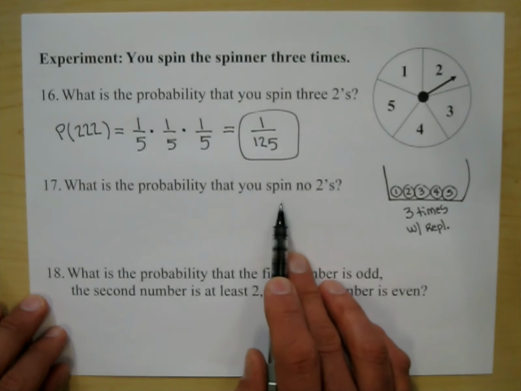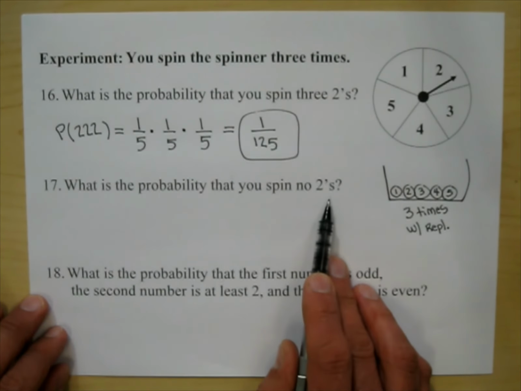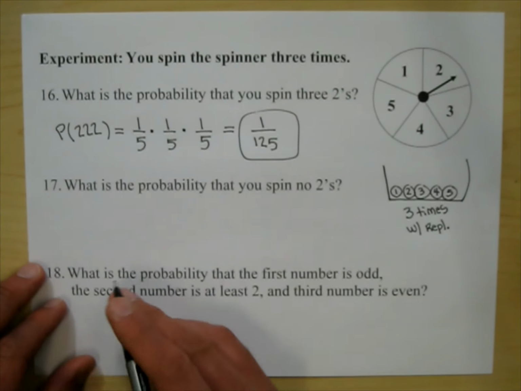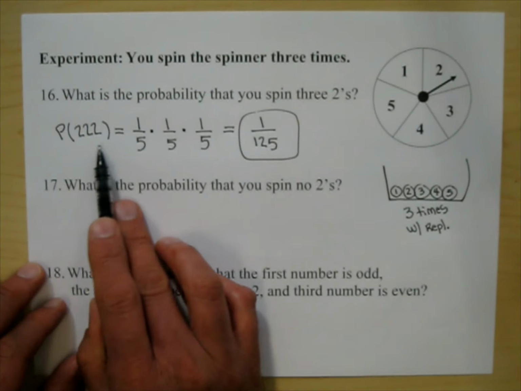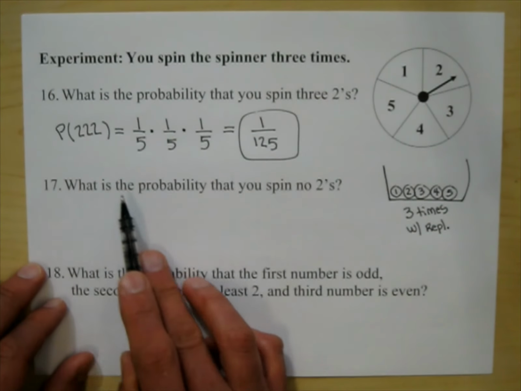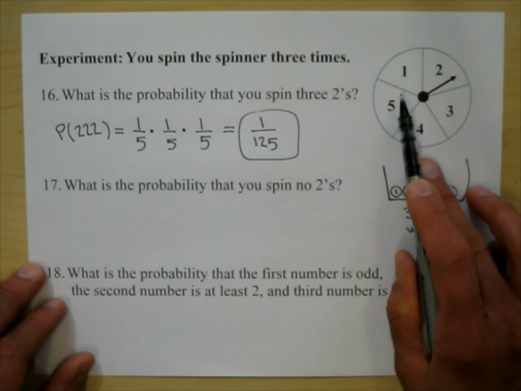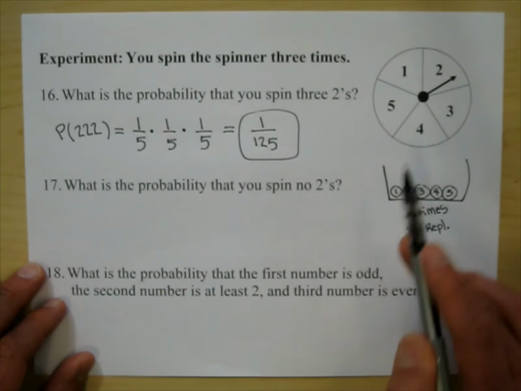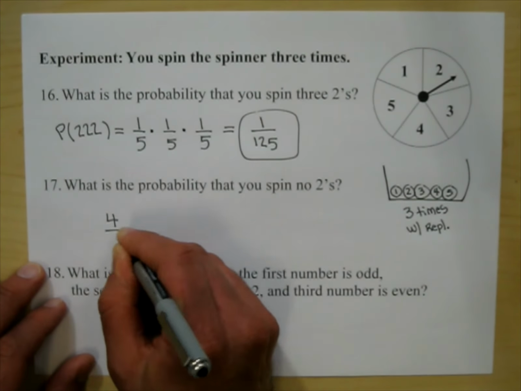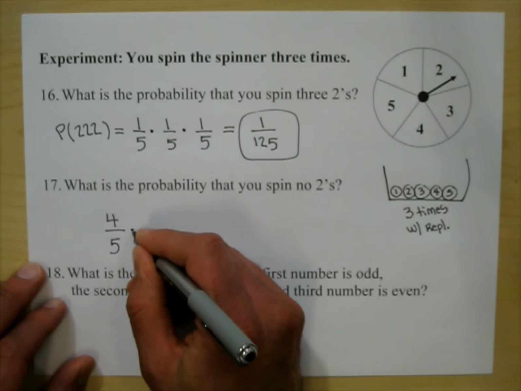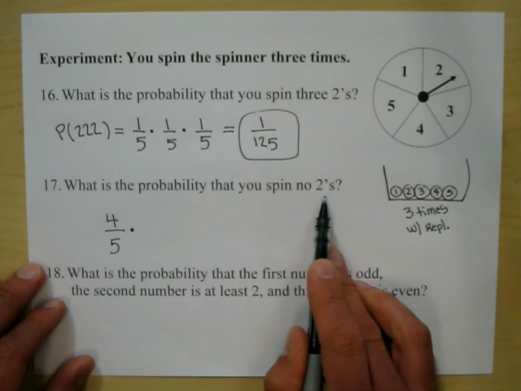What is the probability that you spin no 2s? Okay, so I'll stop writing that on some of these problems. Well, what's the probability you spin this and you get something that is not a 2? Well, there are four non-2s in there, so it's going to be 4/5. It's with replacement, and it's all the same thing. No 2s, no 2s, no 2s.